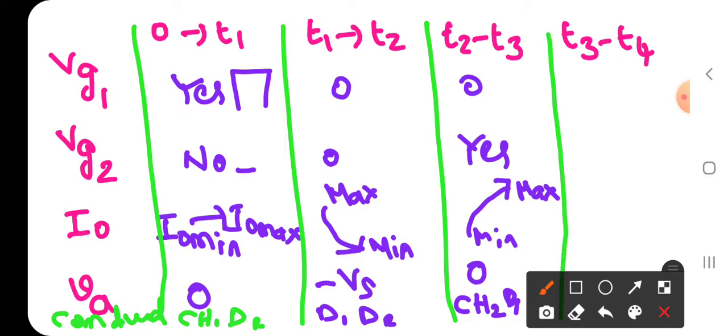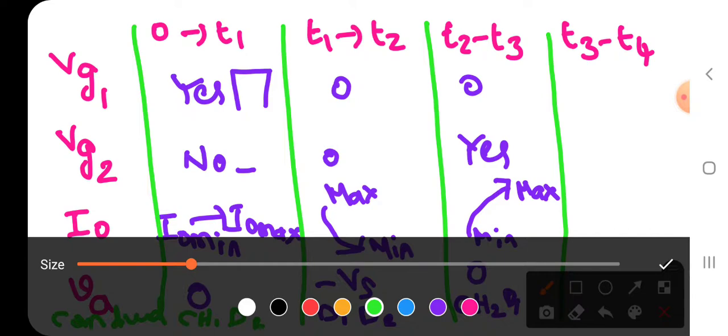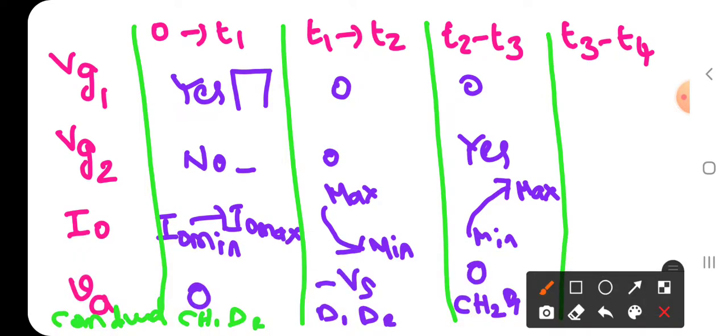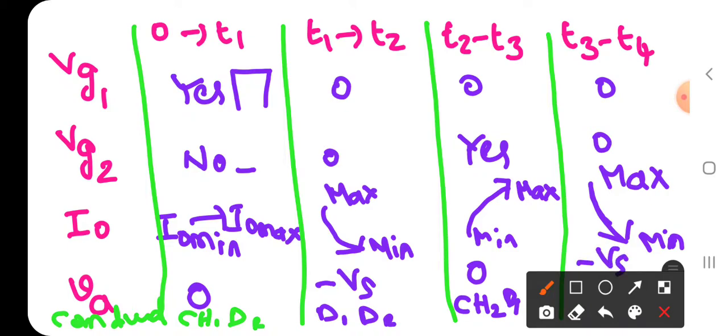From T3 to T4, tell me. This will be 0, this is 0, and I naught decreases from maximum to minimum. So VA is minus Vs, and the conducting devices are D1 and D2.